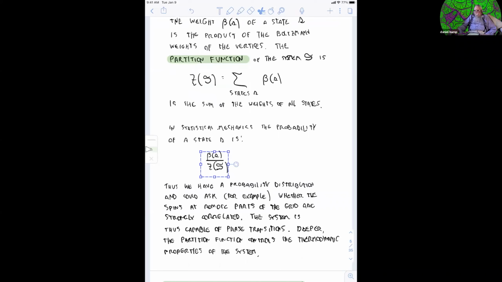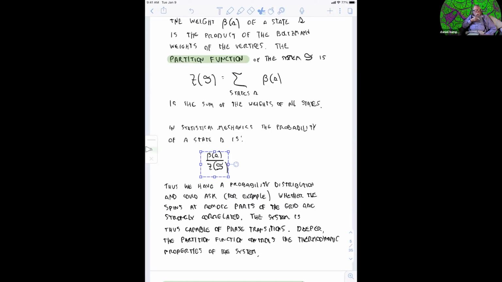So you can ask if 2 states are likely to be... well, you could ask yourself, for example, with this probability distribution in a typical state, are the values of the spins at one place correlated with the values of the spin at some remote place.